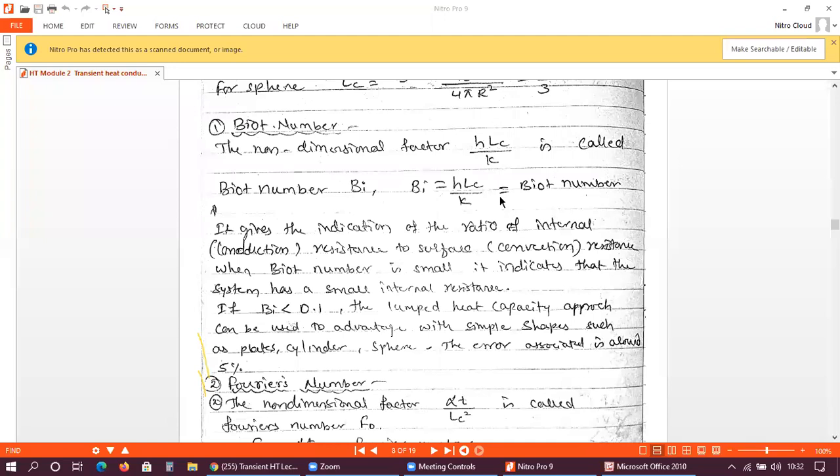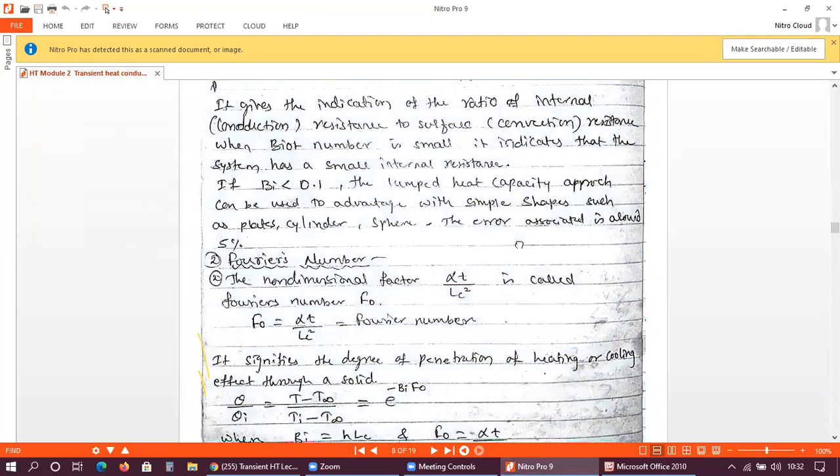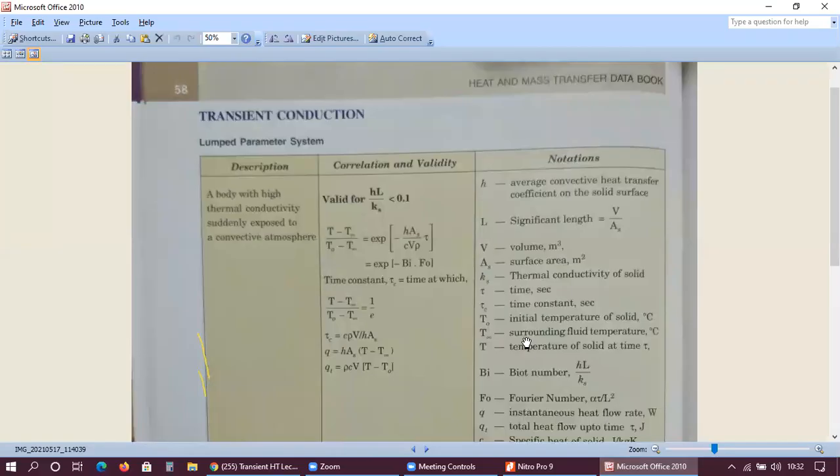Now coming to one more parameter, the Fourier number. The Fourier number is given by alpha t by L_c square, the same expression that is there in your data handbook also. This is the Biot number, and this is the Fourier number, alpha t by L square.